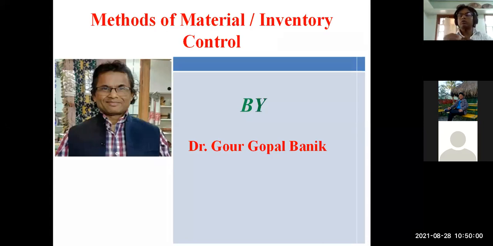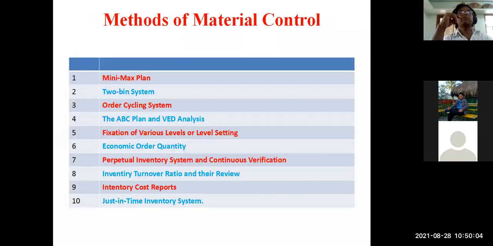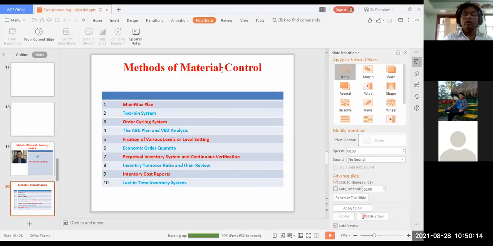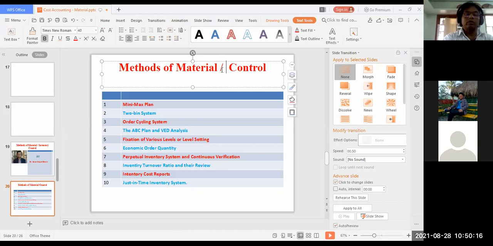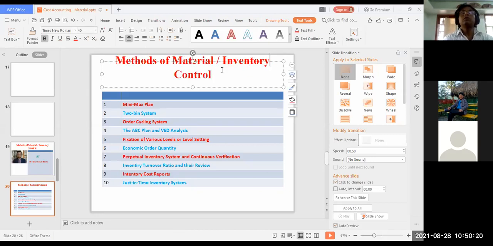And each method might be having one chapter later on. These are the methods of material control or inventory control. Let me write here also material control or inventory control.